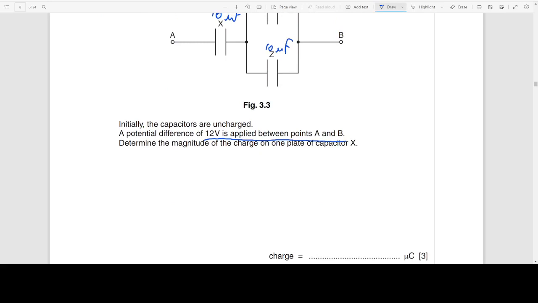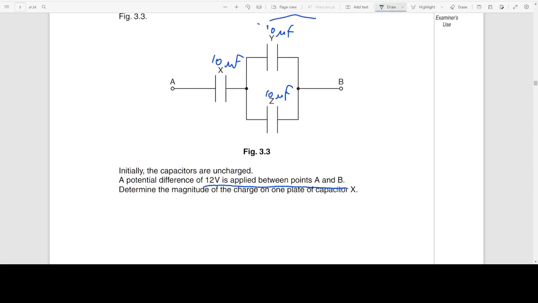So the first thing you should do is calculate the overall capacitance. So let's just calculate the overall capacitance for this parallel combination. This is going to be 10 plus 10, which is 20.